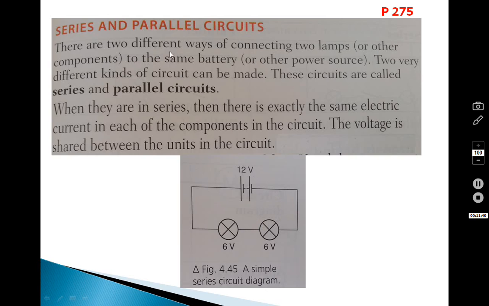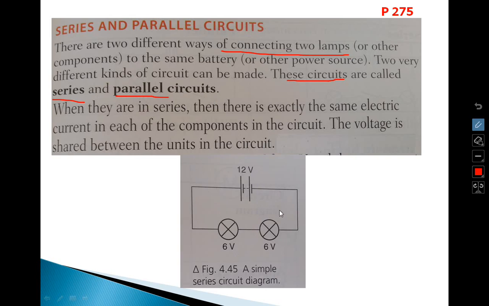There are two different ways of connecting two lamps. If we have two lamps here, this is one, this is another one, there are two ways of connecting them to the same battery. These circuits are called series and parallel circuits.